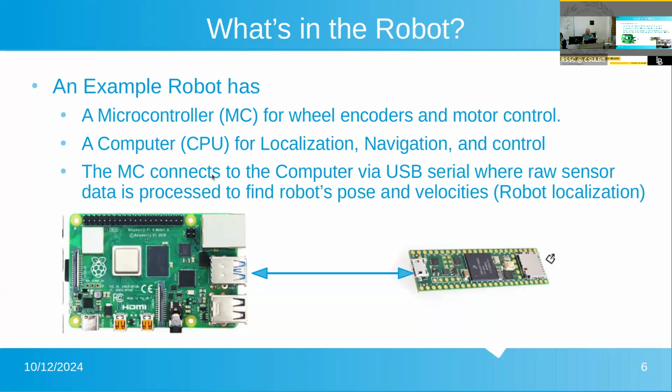But it turns out my initial choice of connecting the compass or the IMU to the microcontroller was not as warranted as I thought or needed. And in fact, it turns out, and I'll show you in a minute, that it's probably better to connect the IMU to the Raspberry Pi. So this is the breakdown of what they do. The CPU is used for localization, navigation, and control.